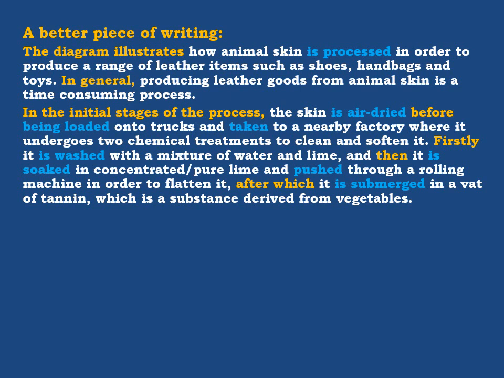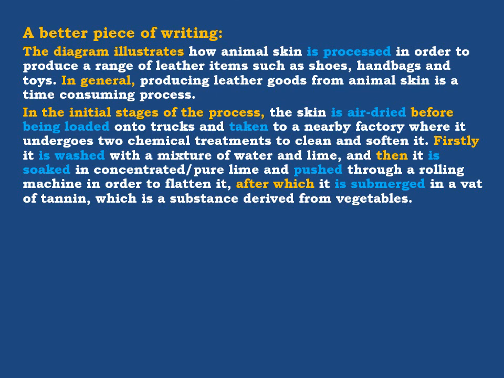Why did he use is here? And then it is, so because he is using then, the sequencing word, and it is soaked in concentrated or pure lime and pushed through a rolling machine in order to flatten it, after which it is submerged in a vat of tannin, which is a substance derived from vegetables.